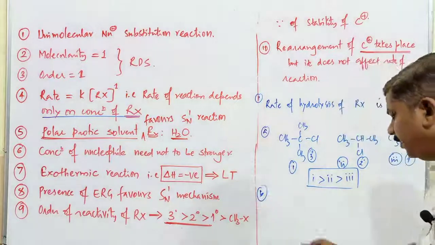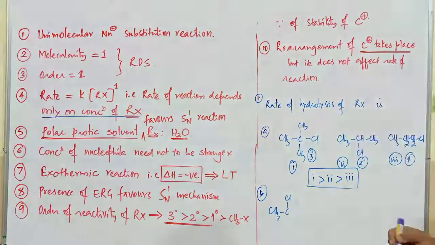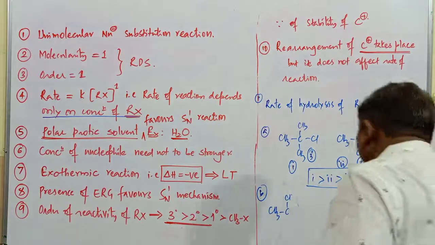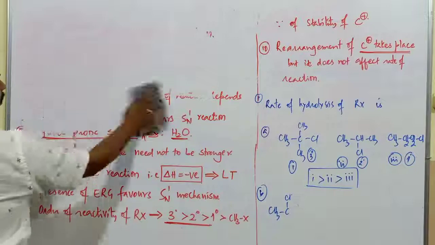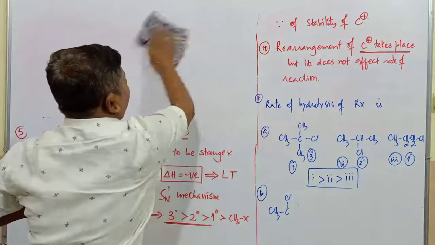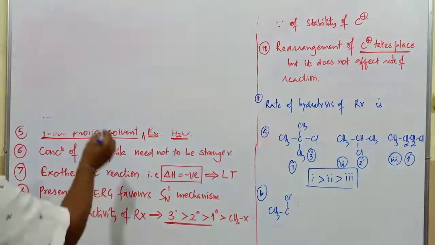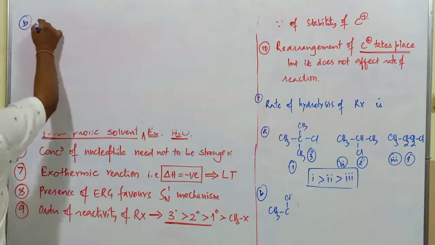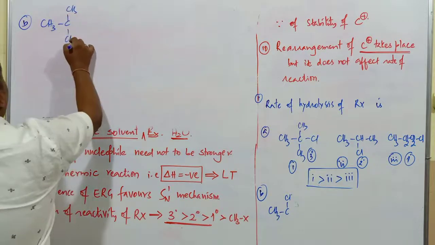Now if I go with another example, CH3, this is CH3, I'll consider here. About stereochemistry, I'll explain next. Stereochemistry is also very important here. The second example I'll consider here: CH3, CH3, next CH3, this is Cl.